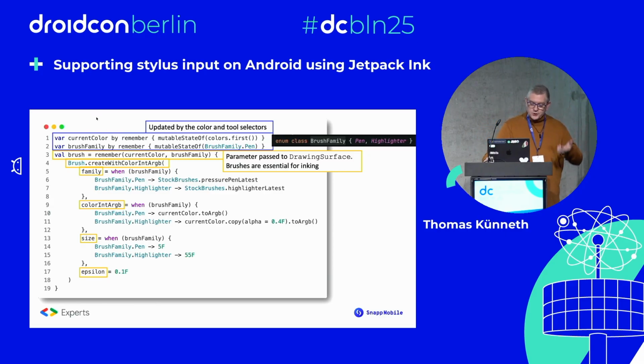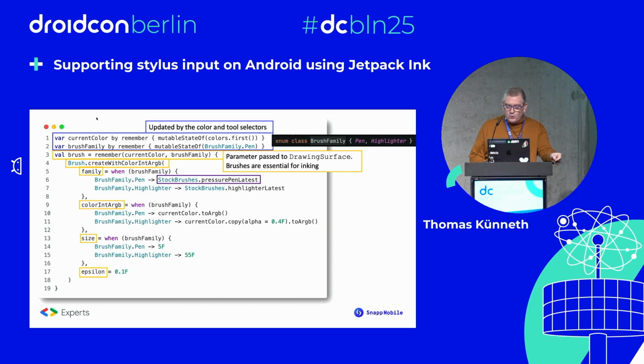What you should take away here is that the epsilon value in a way influences how much you can zoom in, and the bigger that value is, the more memory will be consumed. So when you are implementing a drawing app and you want to do some real heavy zooming in, you need to play with this epsilon value a little bit to see how you can balance memory consumption and the zooming experience. Before we come to the next slide, I would like to highlight one more thing.